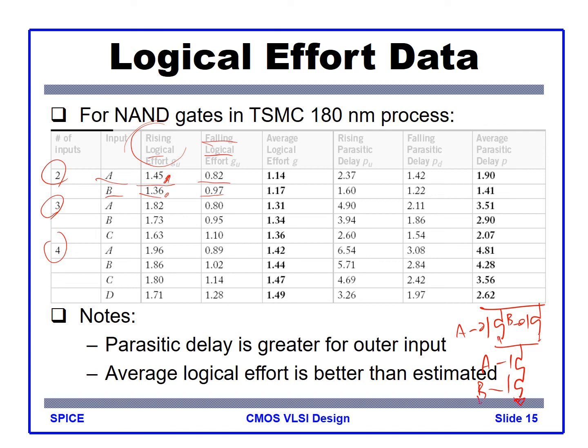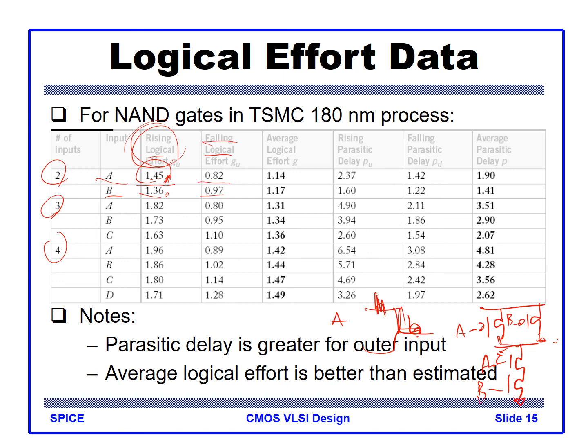When the A input changes from high to low, a 1 to 0 transition, we want to pull up the output, but A is close to the output, so there's a parasitic coupling capacitance. The output wants to move up, but the input falling edge couples to the output and makes it slower. So for the rising logical effort, A input is larger and slower.